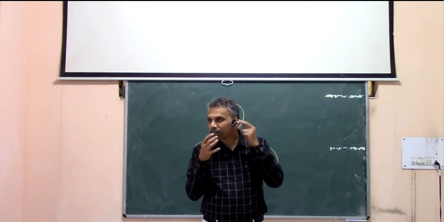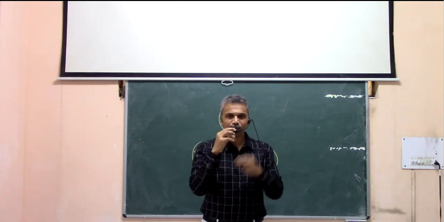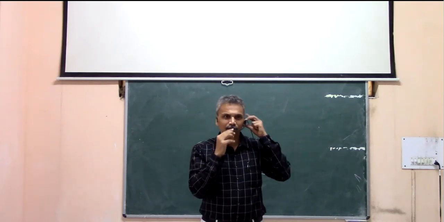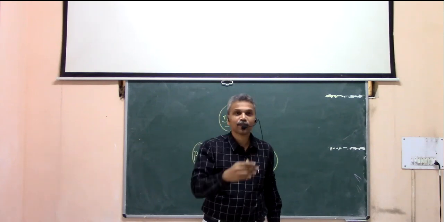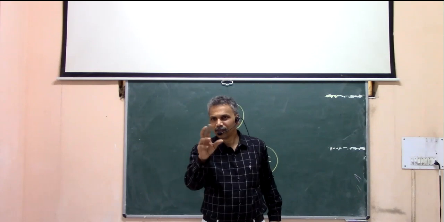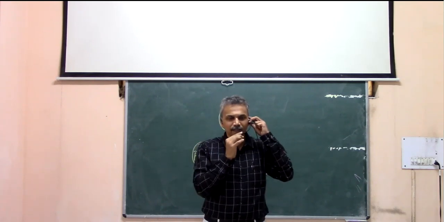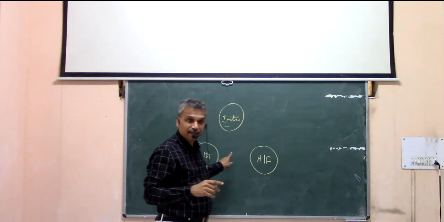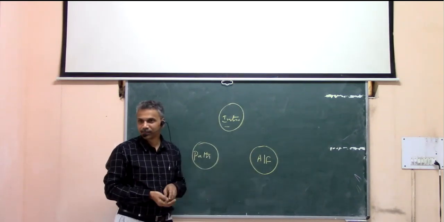Then reproductive organs, both male and female. Connective tissue, circulatory system, and very close to the circulatory system is the heart. Having a very good understanding of pathogenesis makes our next class easier.